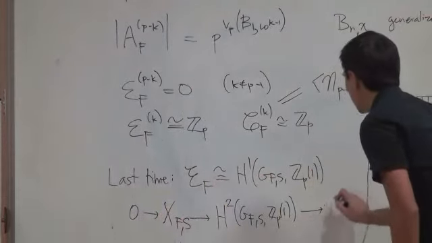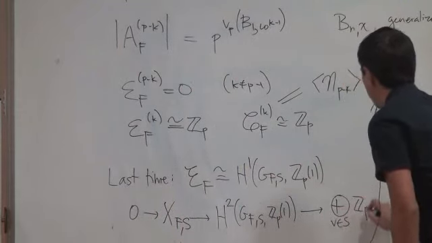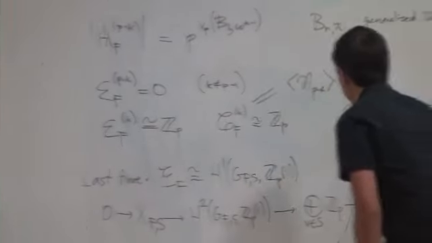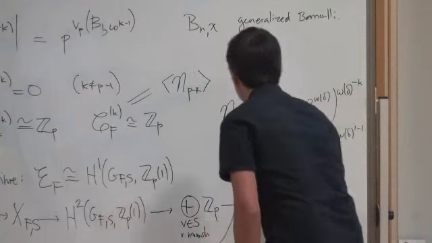Then I had a direct sum over v in S, where p is odd, so just Z_p. And here v non-Archimedean, and then Z_p and then 0.